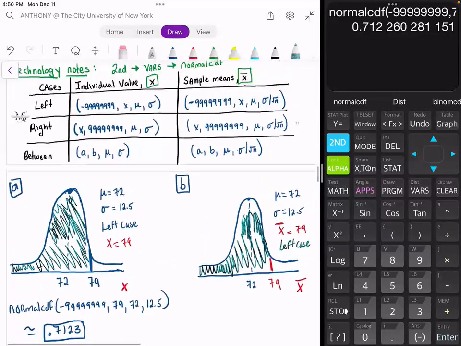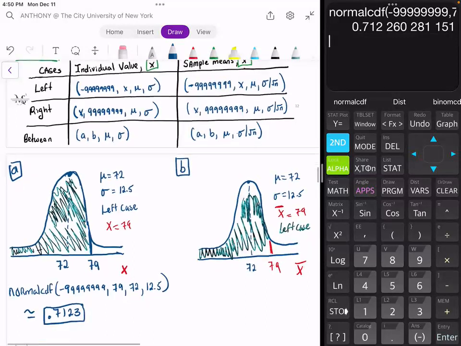For sample means, we use the normalcdf command, but this time the only difference is that we take the standard deviation and divide it by the square root of n. In this problem, n was equal to 4. So you want to write that out as well.